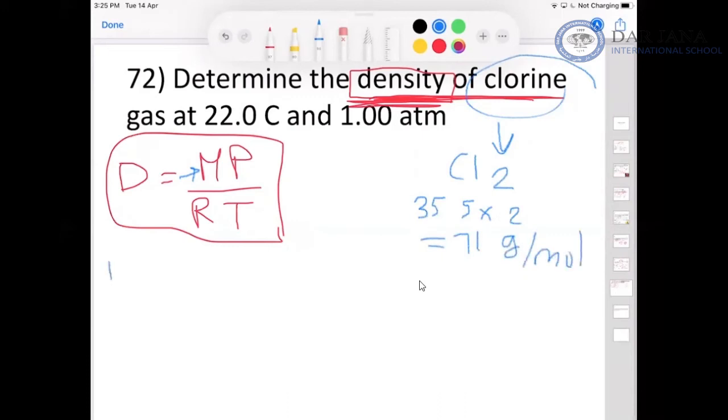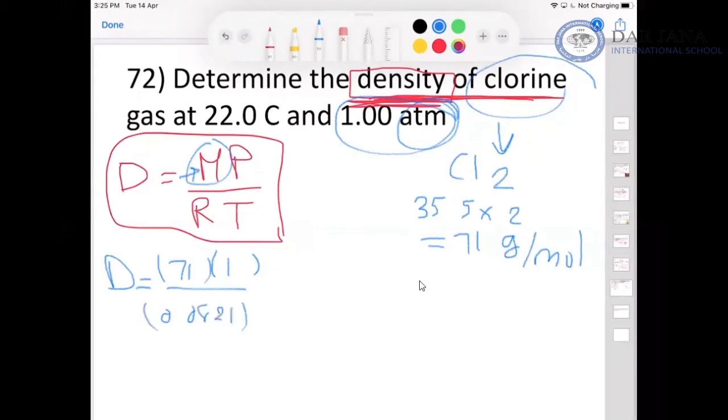Now you substitute these values in the formula. D equals the molar mass, which is 71, the pressure, which is given in the question as 1 atmosphere, R, again, since the pressure here is in atmosphere, R is going to be 0.0821, and T, which is the temperature in Kelvin.